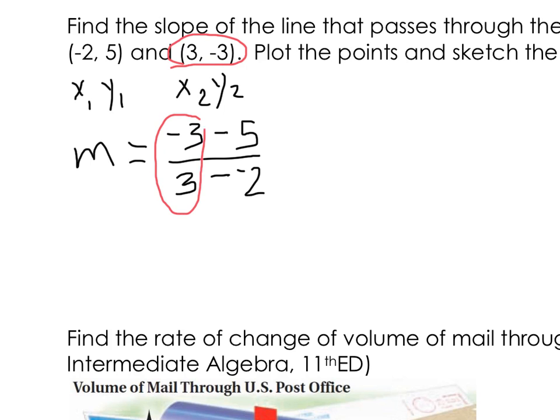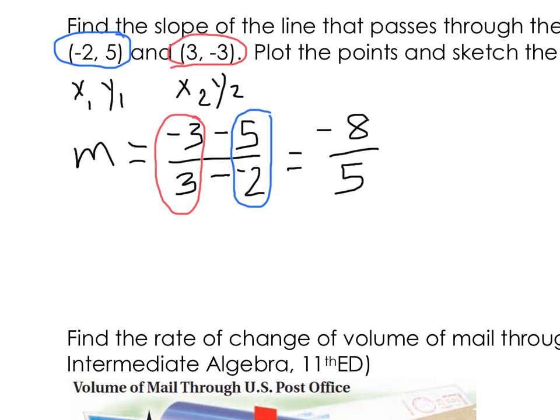Make sure they are over top of each other in your equation. So that gives us -3 minus 5, which is -8, over 3 minus -2, which is 3 plus 2, or 5. So our slope is -8/5.